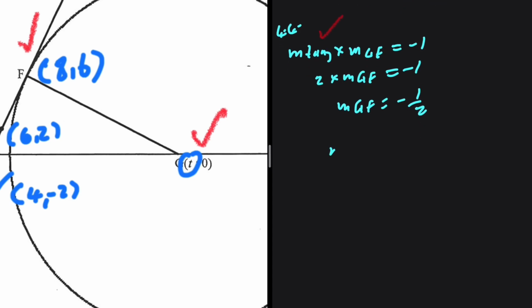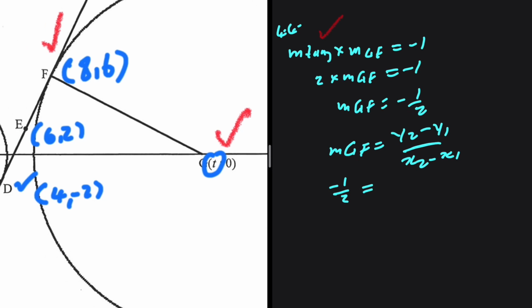So we can say that the gradient of GF is equal to y2 minus y1 divided by x2 minus x1. So we have minus 1 divided by 2 being equal to y2. Let's take F as our second point and G as our first point.